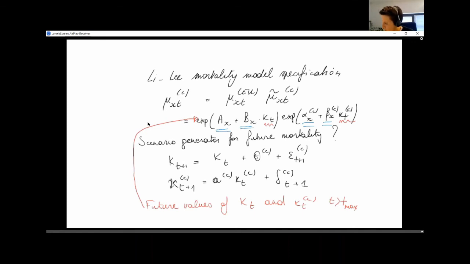And the future values that I generate for my time-specific parameters, I can generate them by generating these noise terms, and by using the most recent available values for the K and for the kappas. And that's how I can generate future scenarios or future values for those time-specific parameters. Once I've got my simulated values for the future, then I can always translate them into future values for my Q. So I have a future scenario for the mu xt in a specific country, and I've got that for a specific scenario I, let's say.